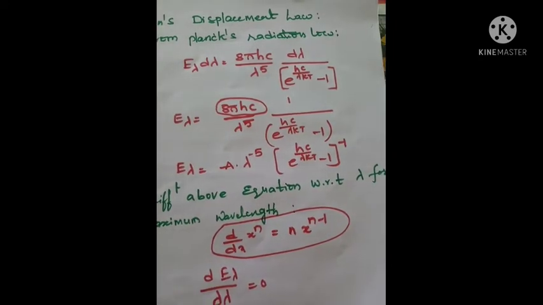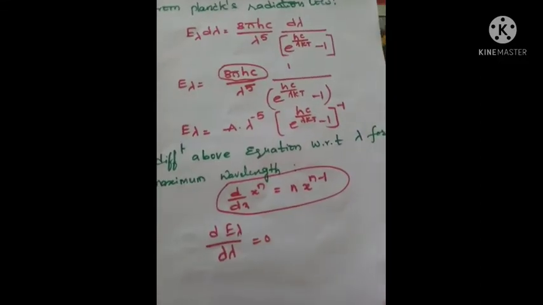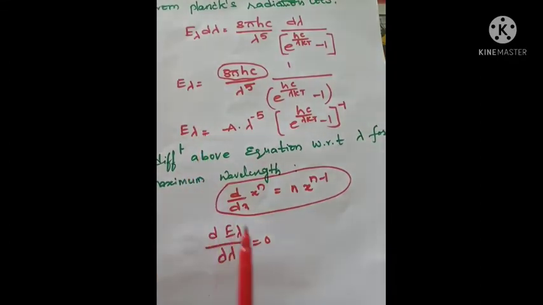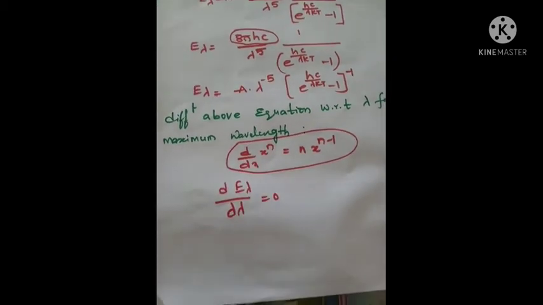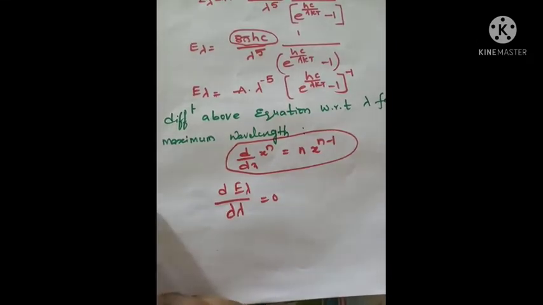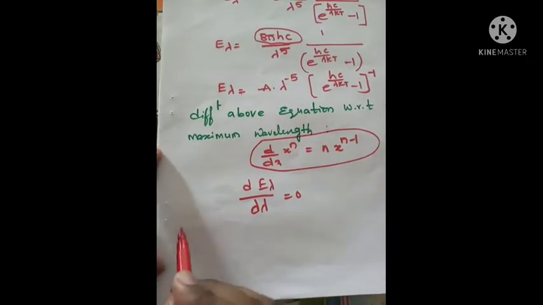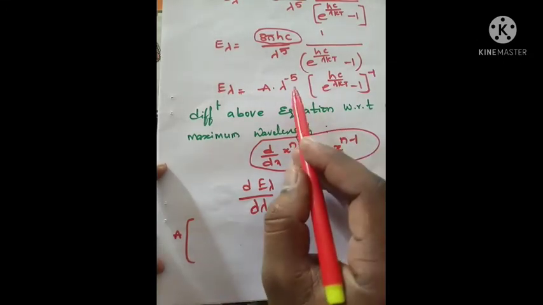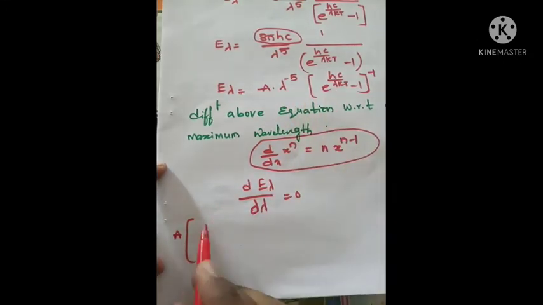So we'll get the maximum value, to get maximum wavelength, when the differentiation of this equation with respect to lambda is equal to 0. Alright, if we differentiate this, you know very well that A remains constant, so let us write it outside. Then let us apply the UV method.